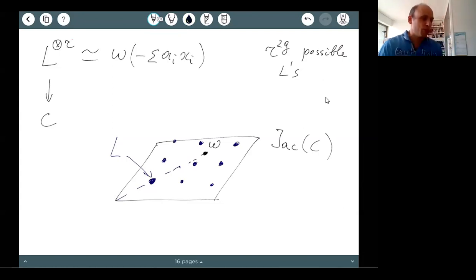And now I would like to repeat the same reasoning with this L. So away from the holomorphic locus, L is never trivial.